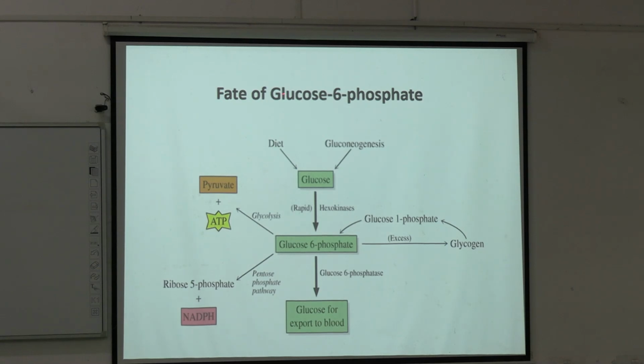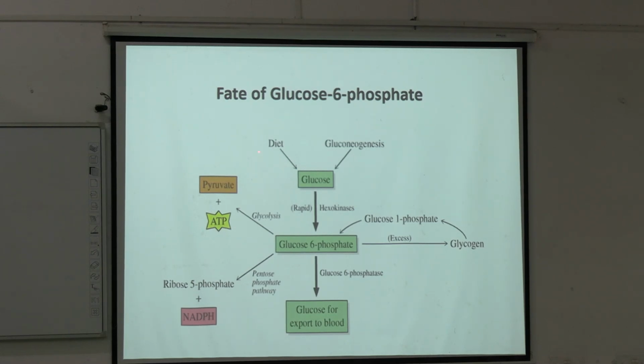What is it? Fate of glucose 6-phosphate. What is glucose 6-phosphate? The first product of glycolysis. Now it can go to many pathways. Here we have to remember those pathways where it might go.